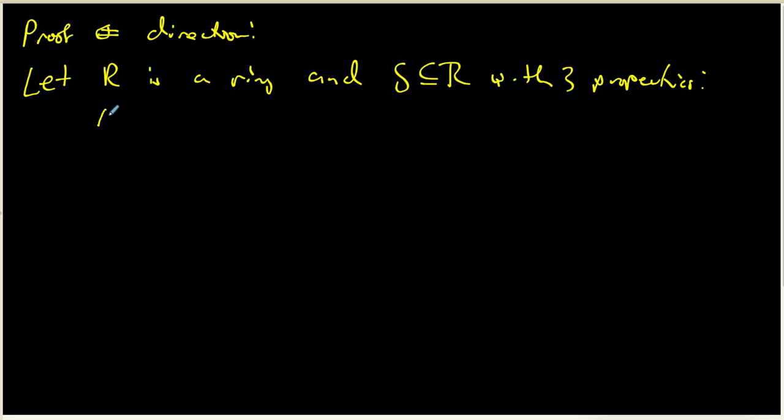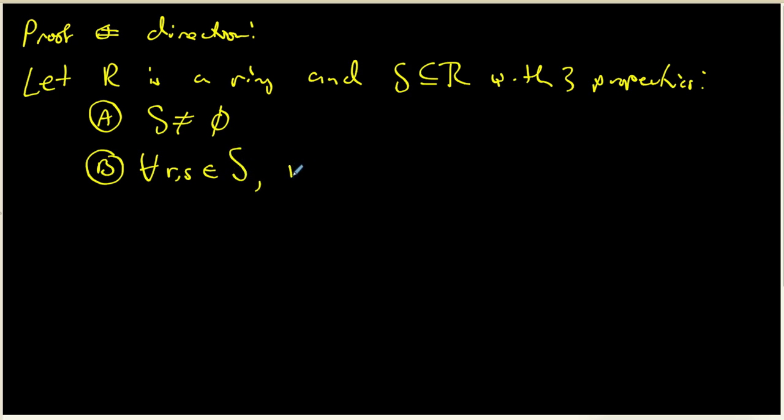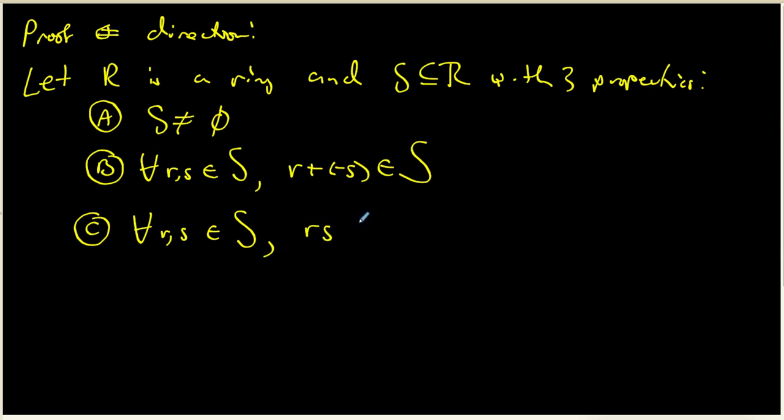First of all, we know that S is not going to be the empty set. We're going to know that for all r and s inside capital S, the sum r plus minus s will belong to capital S. And the third thing that we know is that for all r and s inside capital S, the product r times s belongs to capital S.